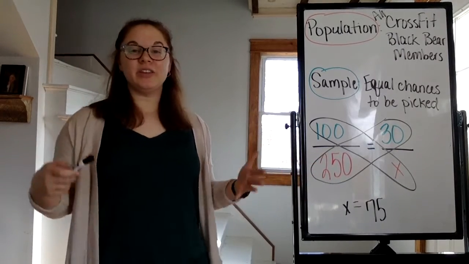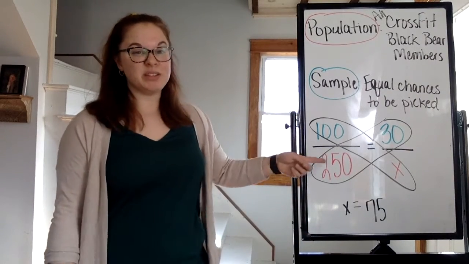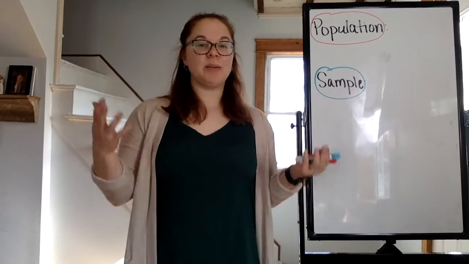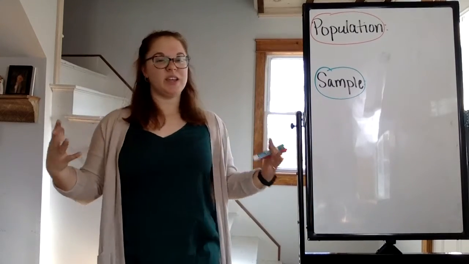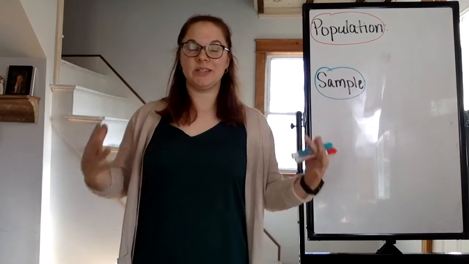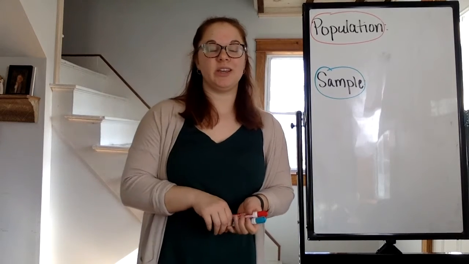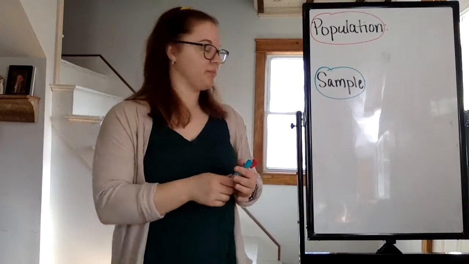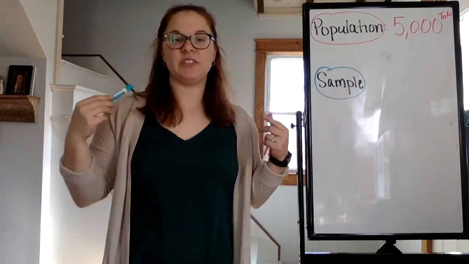So let's do another example of how we can use samples to make some assumptions about a population. Our example is that I'm taking a survey of students in Penobscot County in 7th grade about the hours they sleep every night. So let's say that population is 5,000 students, and I'm going to take a sample of 150 students.